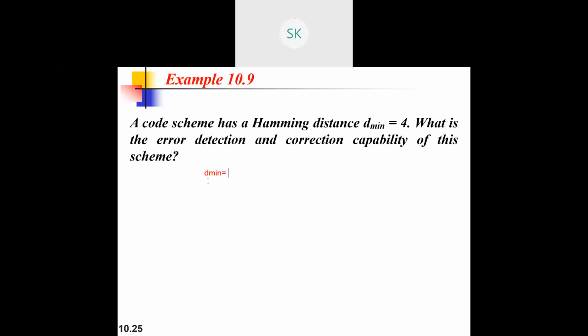So if the distance is 4 among the code words, then your error detection and correction method, sorry, if it is an even number, just go with this particular type: even number, then it can detect one less than the distance value of errors and correct one bit error.